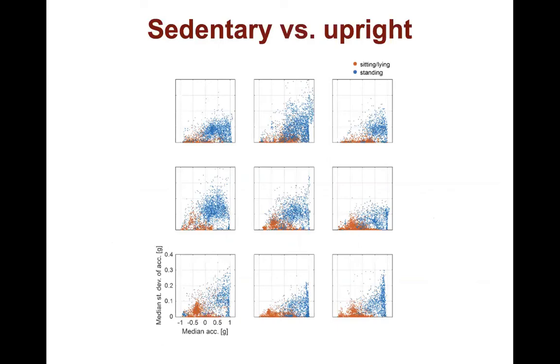So for the features, let me explain maybe on this plot. We looked at a few features. However, if you think about standing or sedentary activity, usually the acceleration is not changing much. So here, these are the red dots, where the variation of this acceleration is usually not much.